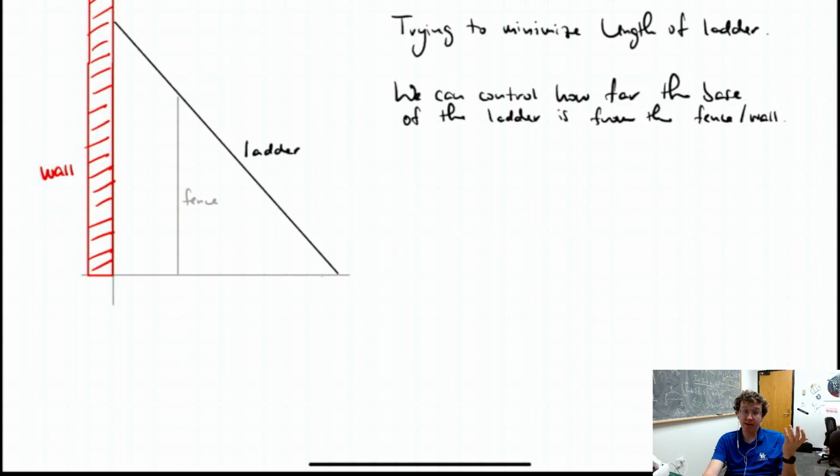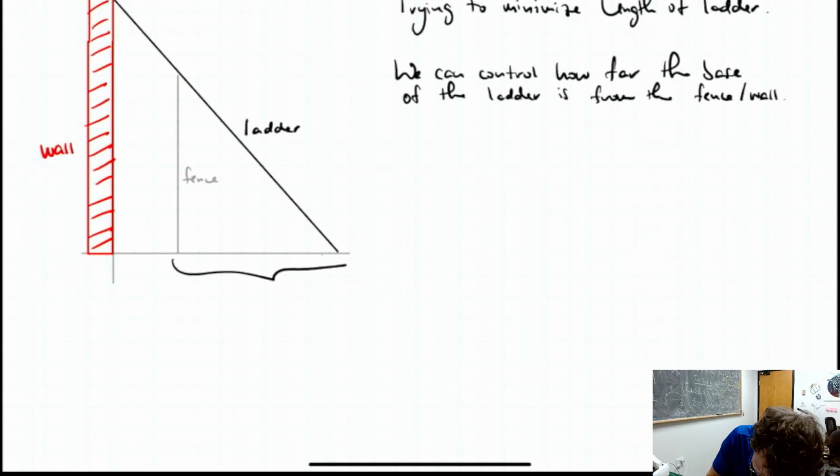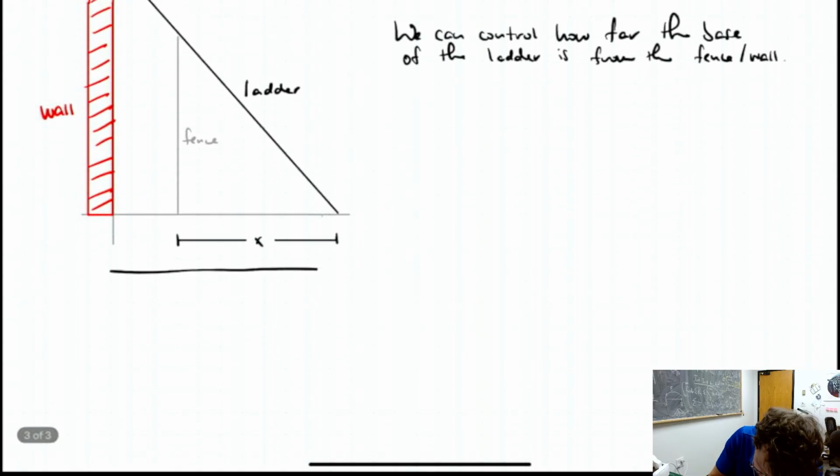So if that's the thing I can control, I should make a variable for that. I'm going to call this x. So this is x. And then while I'm labeling things, I noticed that this is just 3 more feet.